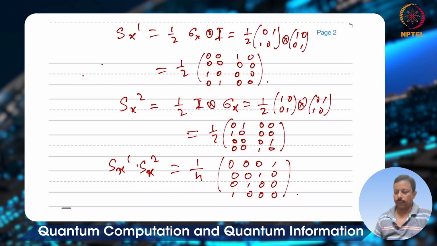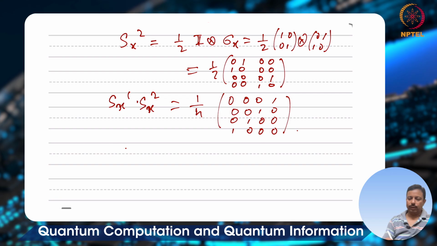Similarly, we generate Sy1. So similarly, we generate Sy1 dot Sy2 and Sz1 dot Sz2.